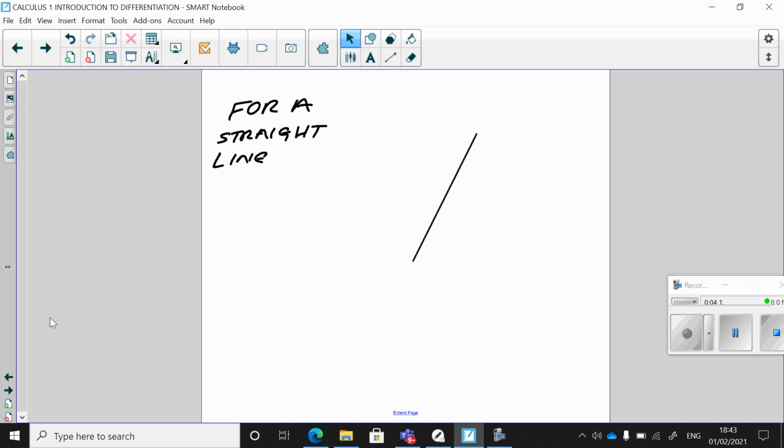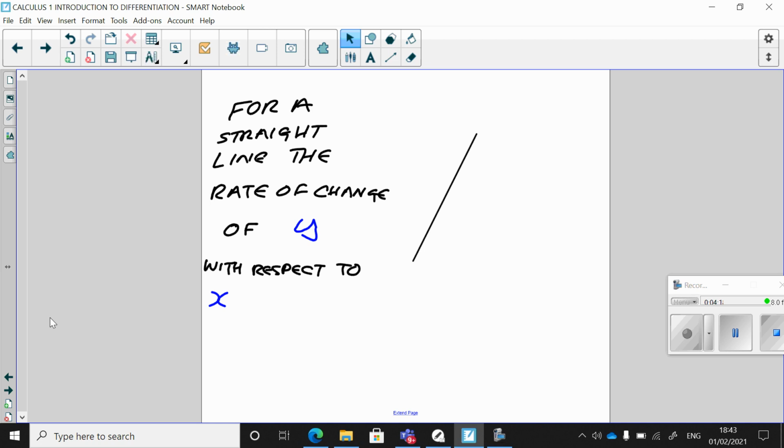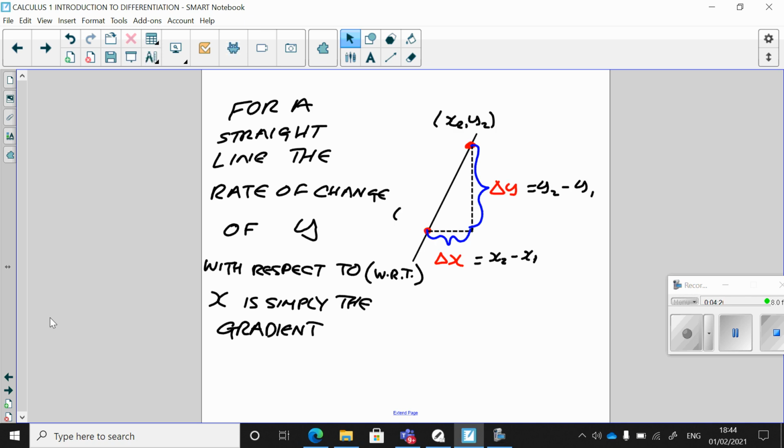You probably looked at this before without even thinking about it. A straight line. What's the rate of change with x the horizontal in relation to y the vertical? Well, that's actually just the gradient of the line, and you might have a definition for that: the change in y over the change in x, given any 2 points, x1, y1, x2, y2.